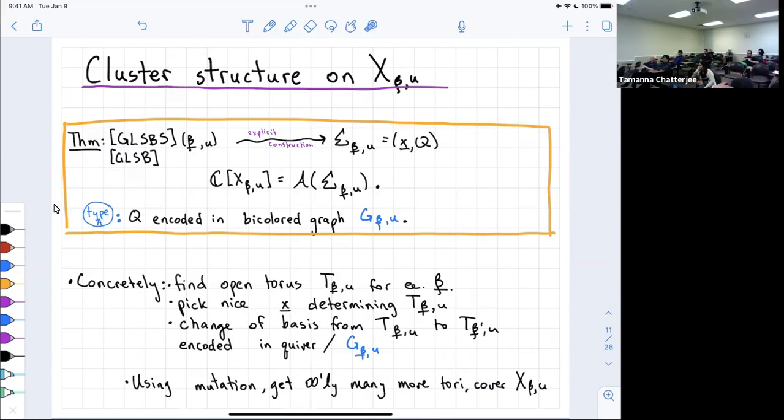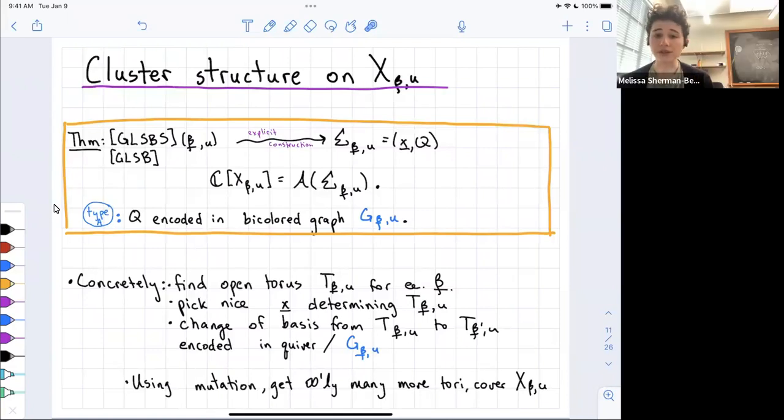It's interesting you get infinitely many tori. You might think that just the tori that correspond to the different words would be enough. Yeah, that's right. For the proofs, it's enough to have the tori for each word, but to actually cover up to codimension 2, you need infinitely many usually.